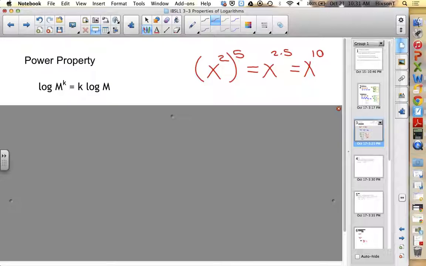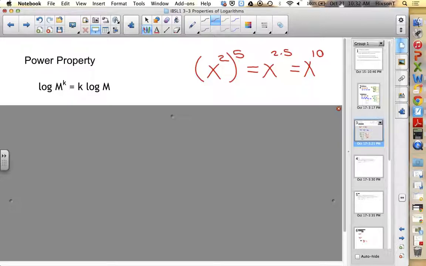We're finding the exponent of something that's already raised to an exponent, right? So, you multiply your exponents. Here's the exponent from the m times the exponent of m. It relates again to those rules from polynomials in algebra.